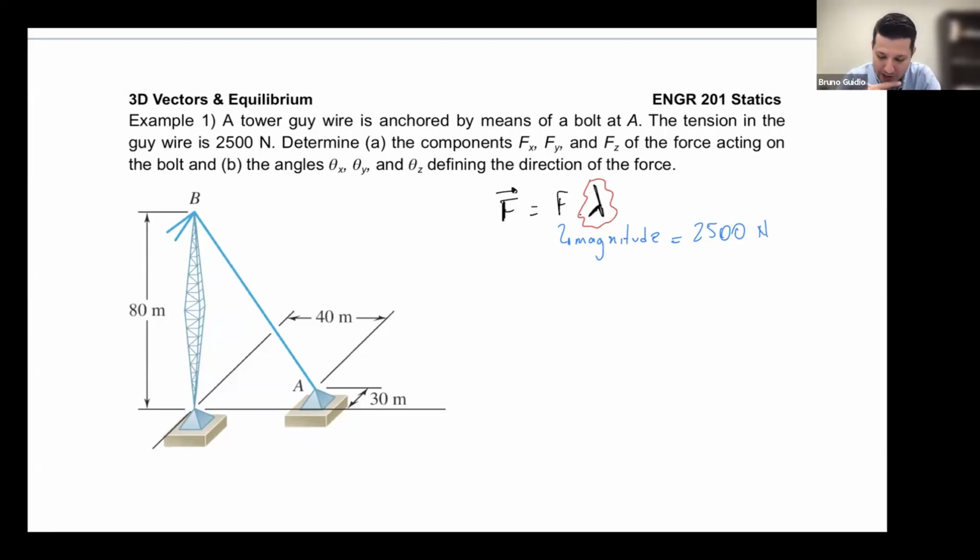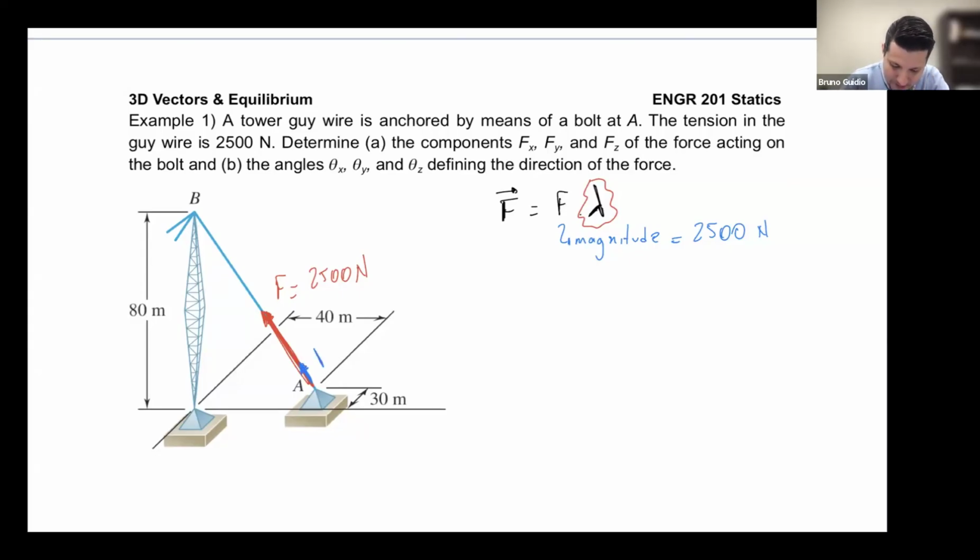Well, where is the force vector? I have a tension on the bolt. Right here, this is my F of 2,500 newtons.